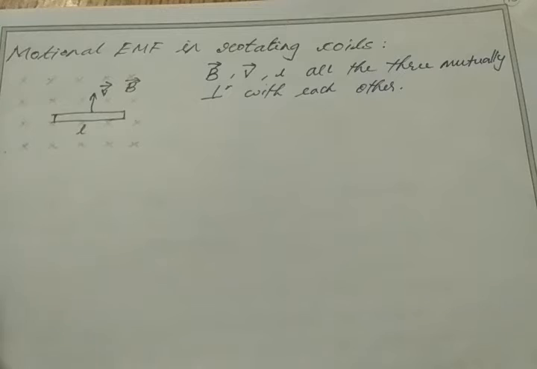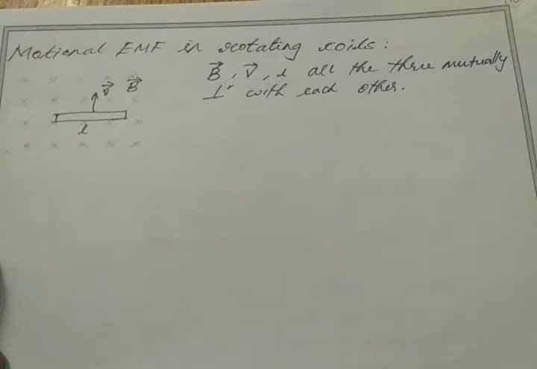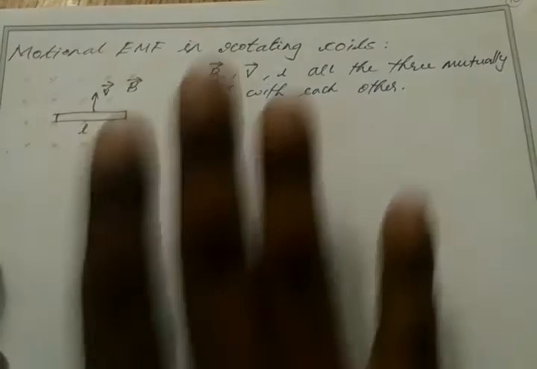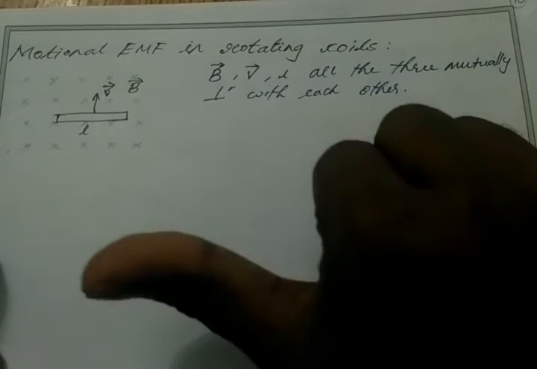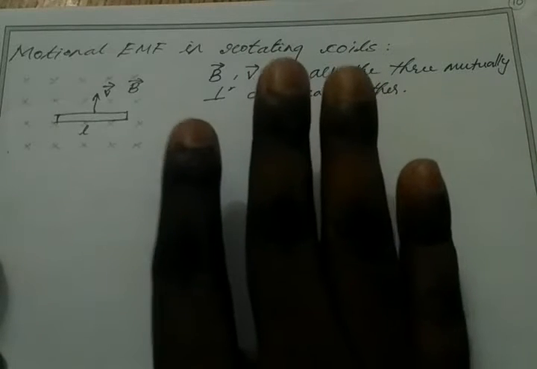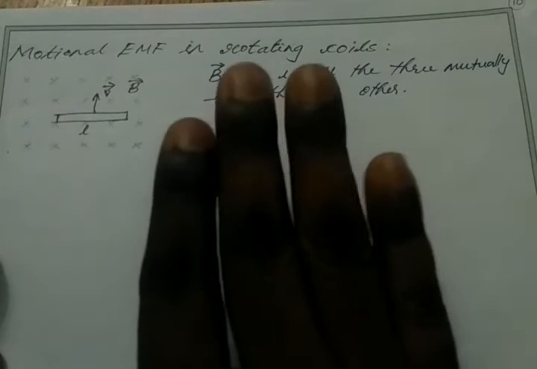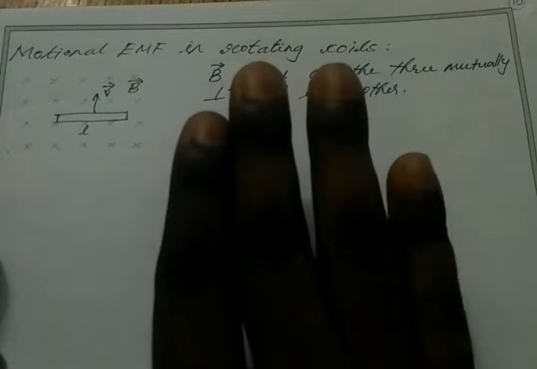Okay, so here how to use the right hand thumb rule? Four fingers in the direction of V, and curl those four fingers in the direction of the magnetic field. The magnetic field is going inside, so I curl my four fingers inside, and my thumb shows the direction of V cross B. Clear? So four fingers in the direction of V. V is going upwards, so my four fingers point upwards. Curl those four fingers in the direction of the magnetic field.